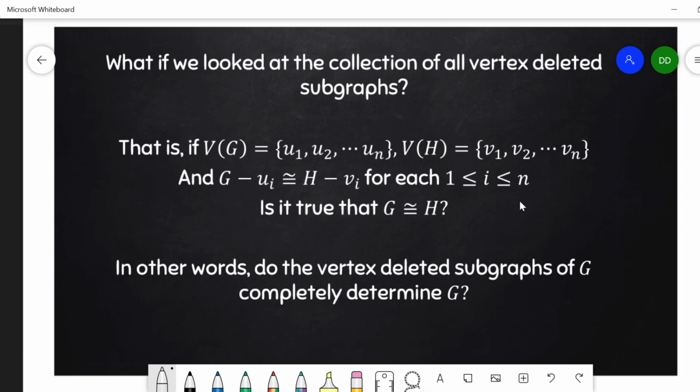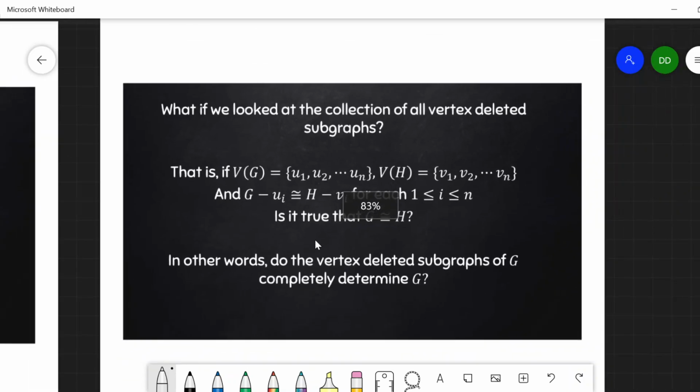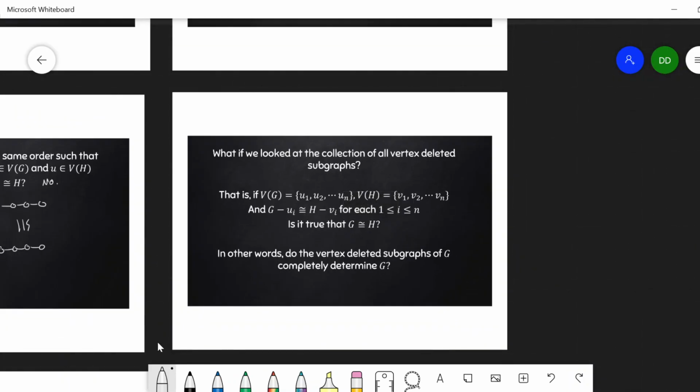Does it then follow that G is isomorphic to H? In other words, do the vertex-deleted subgraphs of G completely determine G? Or is it possible that just by looking at the vertex-deleted subgraphs I could end up with two different graphs? So that's the question.